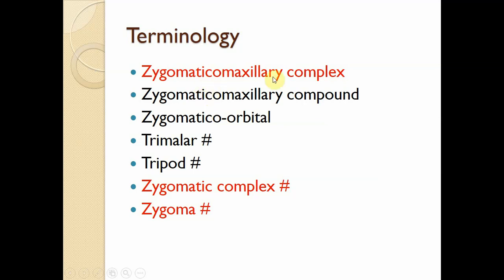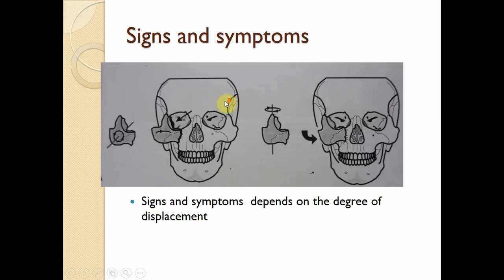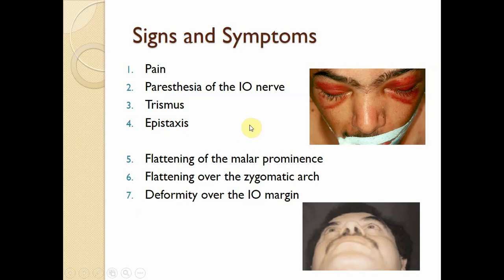Terminology most commonly used: zygomaticomaxillary, zygomaticomaxillary complex, zygomatico-orbital, trimalar, tripod, zygomatic complex, zygoma fracture. Three classifications mostly: Knight and North, Transconjunctival and Maxillary. Signs and symptoms are very important.